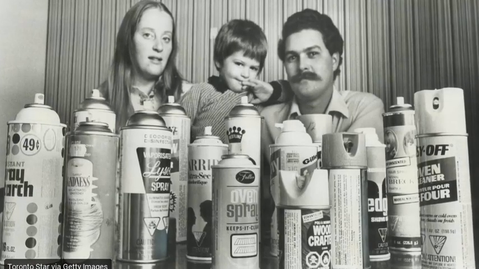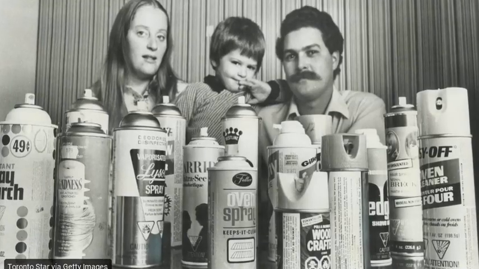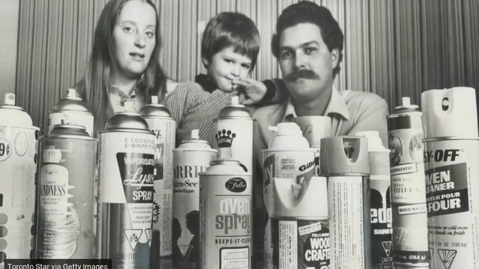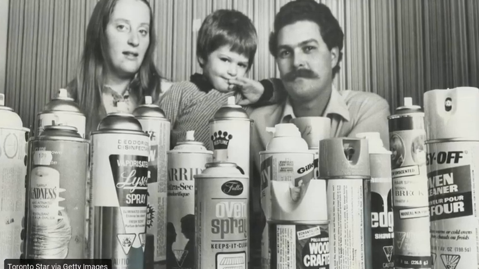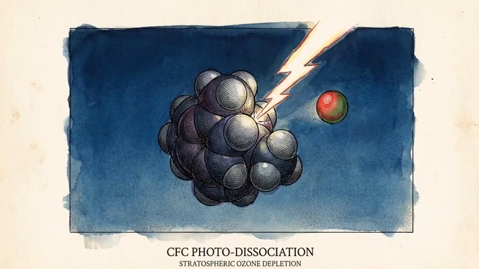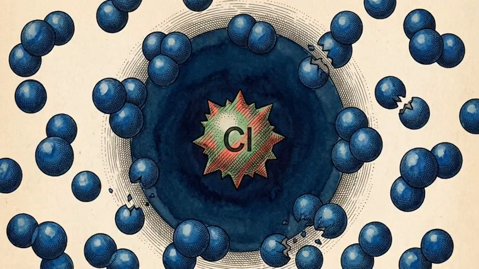But synthetic chemicals disrupt this process. For decades, industries utilized chlorofluorocarbons, or CFCs, in standard refrigerators, fire extinguishers, and household aerosols. When CFCs drift into the stratosphere, UV light breaks them down to release reactive chlorine atoms. A single chlorine atom can catalytically destroy thousands of ozone molecules, faster than the natural oxygen cycle can replace them.